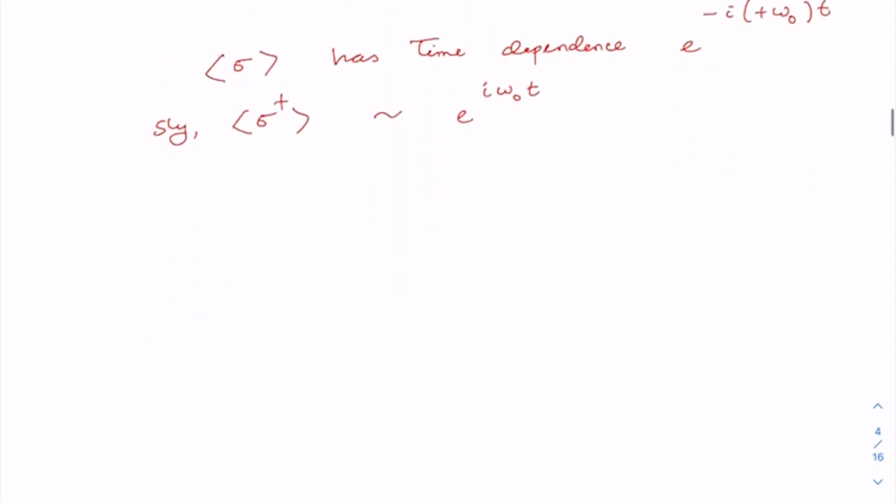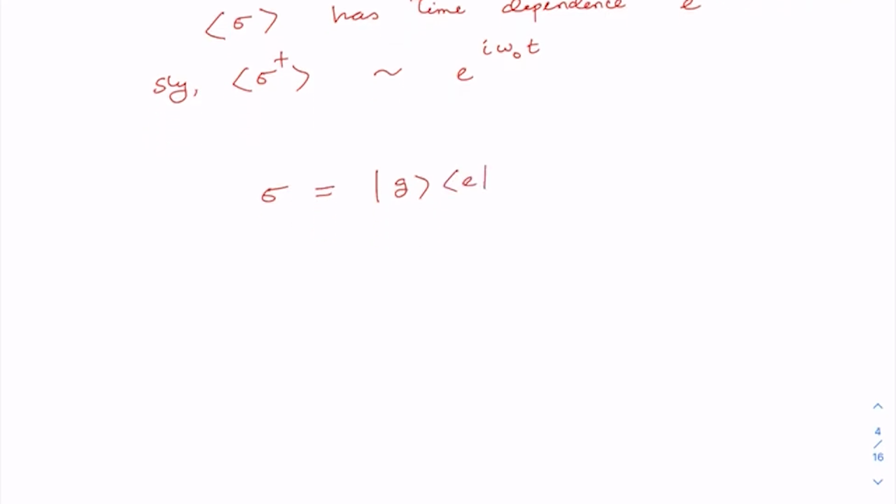Actually, let me show this. To do that, let me first write the atomic lowering operator as this, and we can work out the time evolution of this lowering operator using the Heisenberg equation of motion. So that would be iħ dσ/dt equals [σ, H], because the σ operator is related to the atom. So let me just deal with the atomic part of the Hamiltonian only.